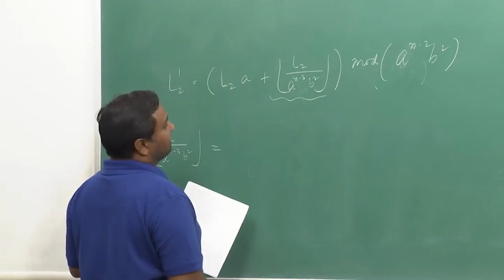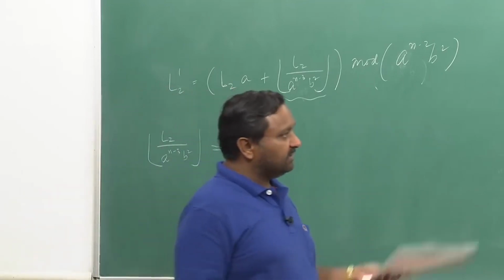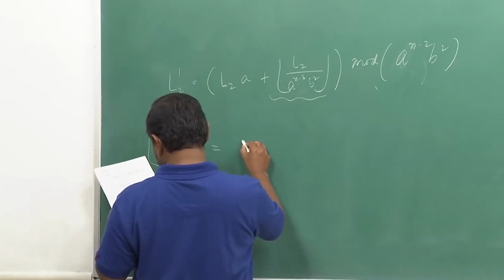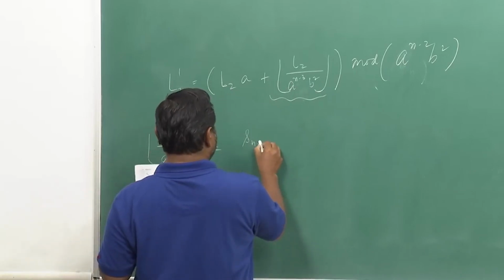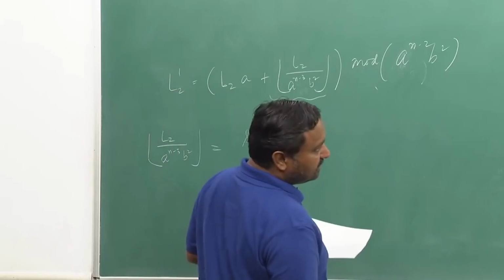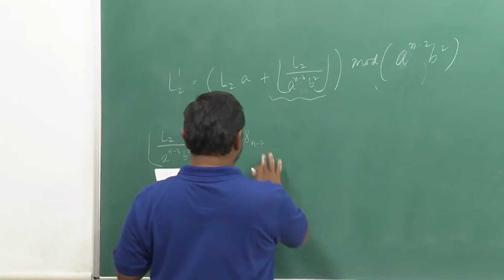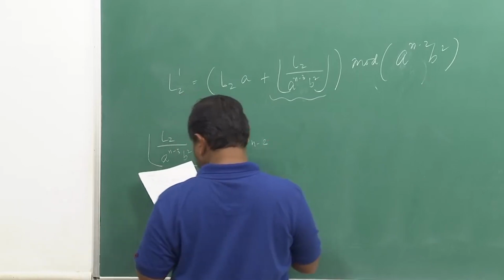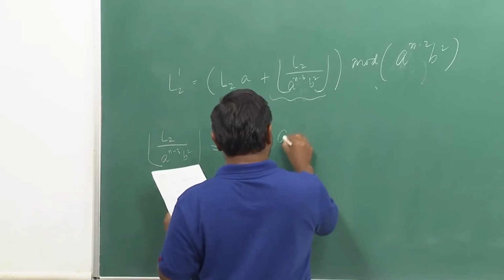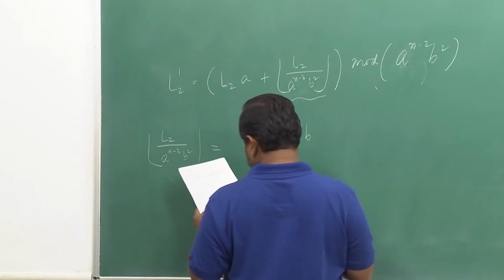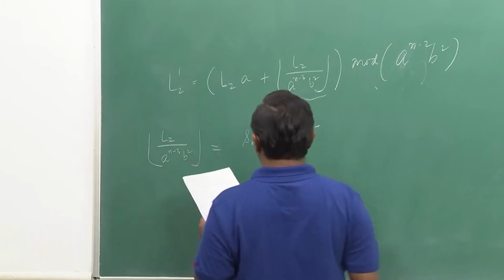So, I can write down whatsoever is the value of L2 which we have derived and then divide by this. So, let us do that. So, I will have Sn minus 2, A raised power minus n minus 3, B square.